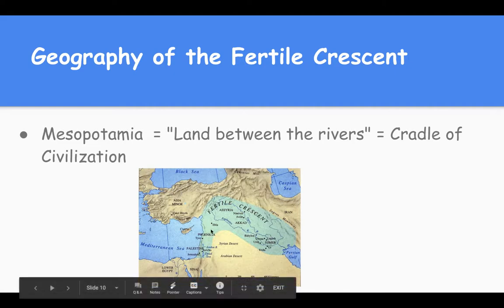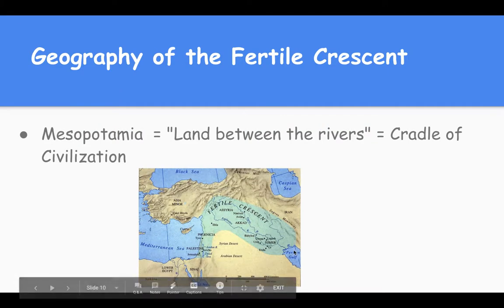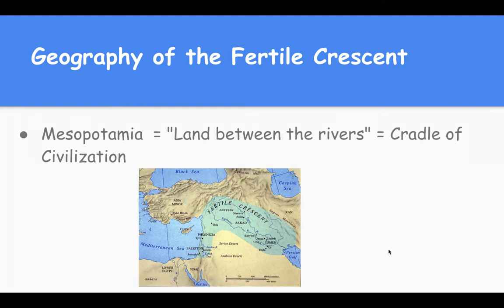Okay, here we are. Here's the Mediterranean Sea, Asia Minor, which is today Turkey. So this is the Fertile Crescent. It's also sometimes called the cradle of civilization. Why? Because this is one of the very first areas where civilizations began.